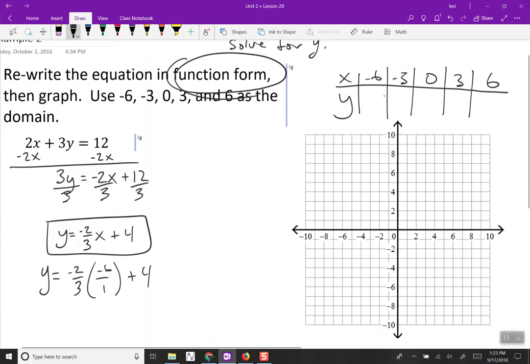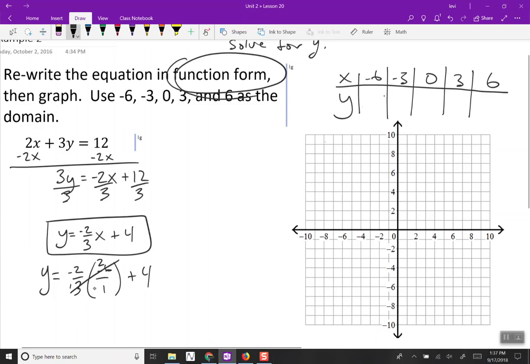Well, we can do a little work here. First, I've got a negative factor and a negative factor. I know this is going to multiply together to make a positive number. So I'm not even going to worry about the signs anymore. I just know that it's positive. So we want to simplify here, and our 3 and 6 will simplify. 3 goes into 6 twice, 3 goes into 3 once.